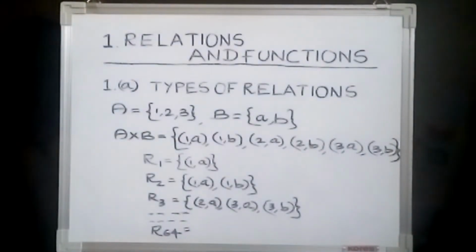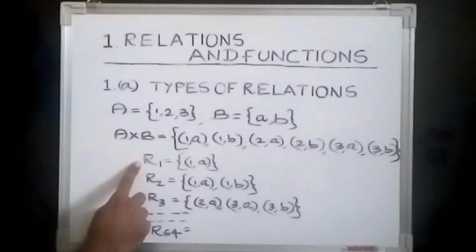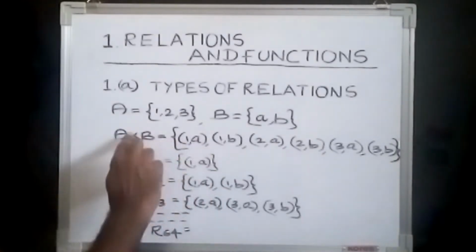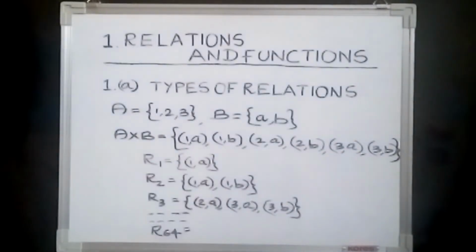Clearly, it has 2 raised to 6 subsets. That is, the set has 64 subsets. And some of them are written here. R1 equal to set {(1,a)} is a subset of A cross B which contains only one element.